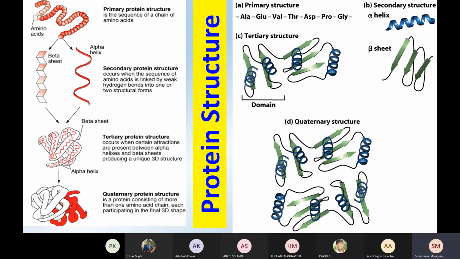They'll start to assemble, and as a result of those variations in the charges, they assemble according to the secondary bonding or interactions like hydrogen bond formation. As a result, they'll start to align either in the form of alpha helix or beta sheet.